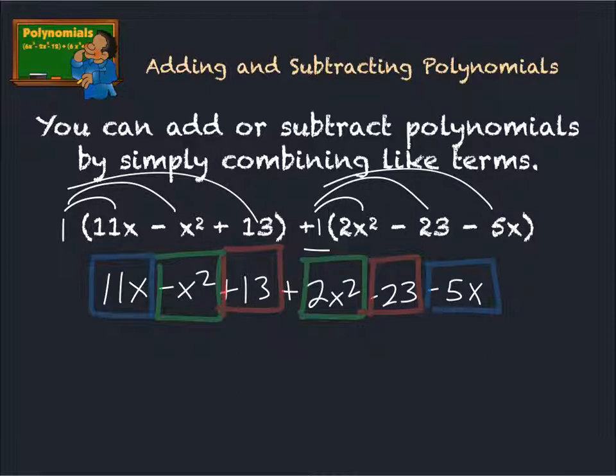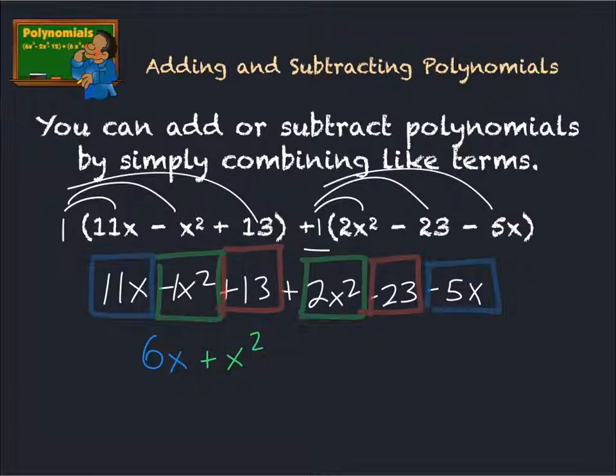So with the blues, 11x minus 5x, it would just be 11 minus 5, which is 6x. Then with the green, remember this is the same thing as saying negative 1x. So it would just be negative 1 plus 2, which is 1. So it would be plus 1x squared, or just plus x squared.